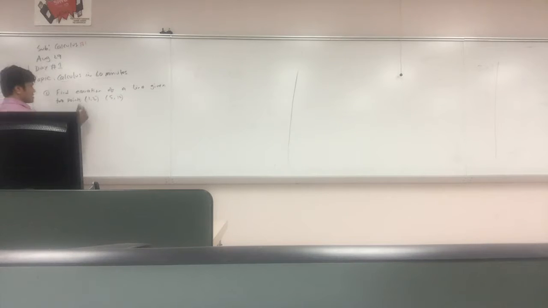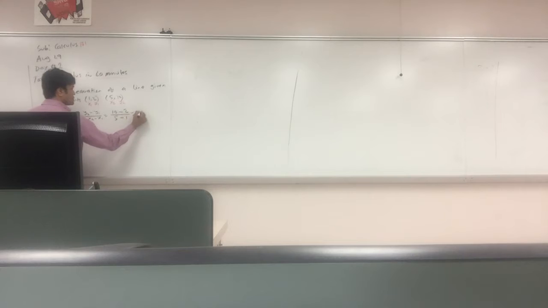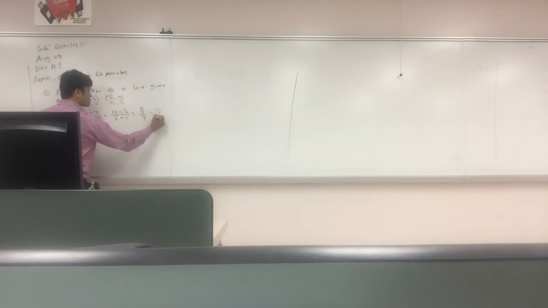This is x1, this is y1, x2 and y2. Step 1: m is (y2 minus y1) over (x2 minus x1). So y2 is 10 minus y1 which is 2, x2 is 5 minus x1 which is 1. So 8 over 4 is 2.